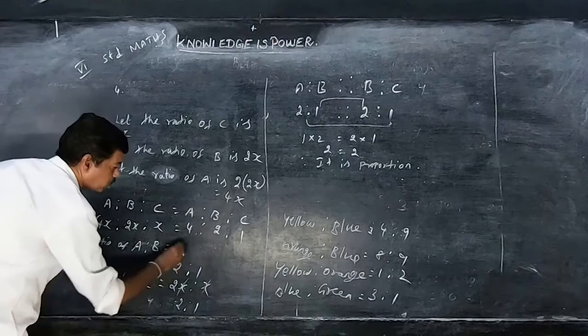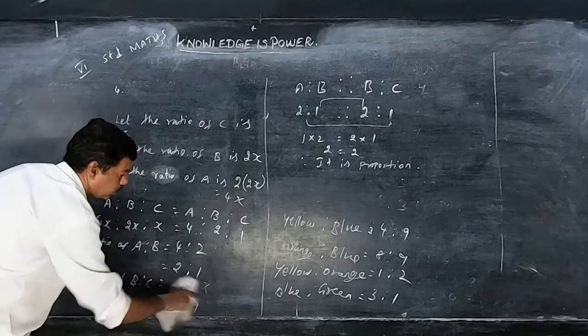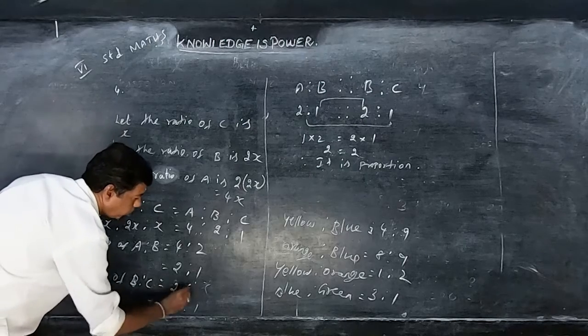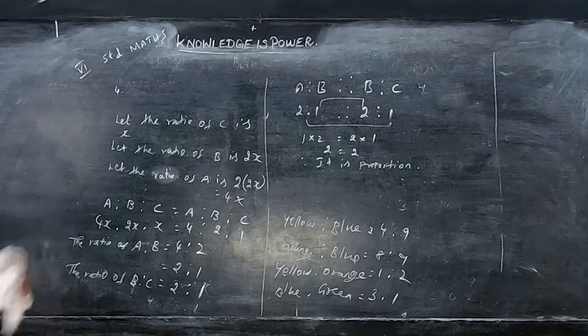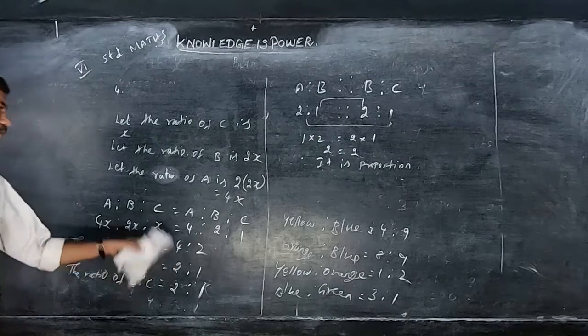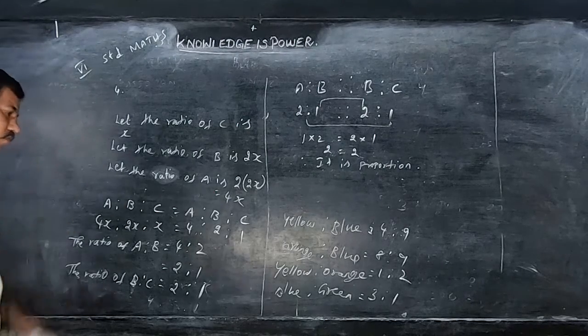So that is also possible. 4 is to 2, okay, 2 is to 1. That's all. This is also possible. If you convert this, we can write like this. Can you understand that? So this is question number 4.